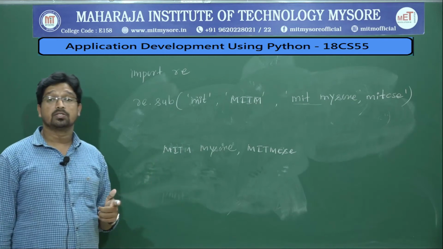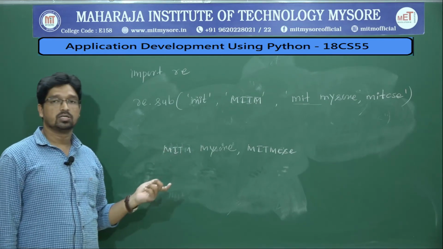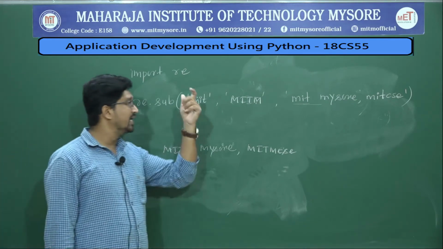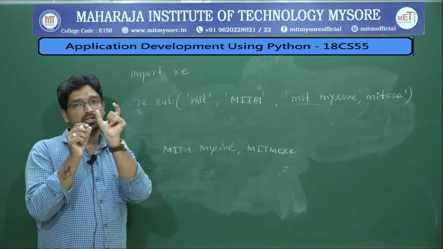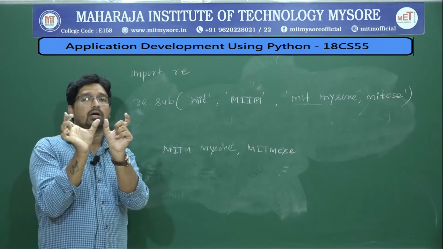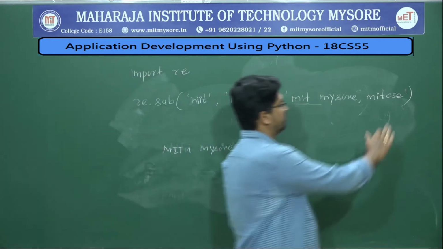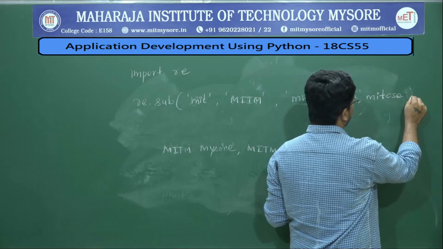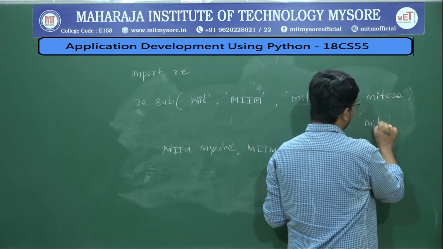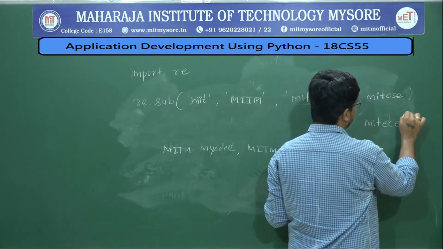But still, if you want to search only MIT, only the word MIT and not any other characters, let us say I write one more department, MIT ECE.